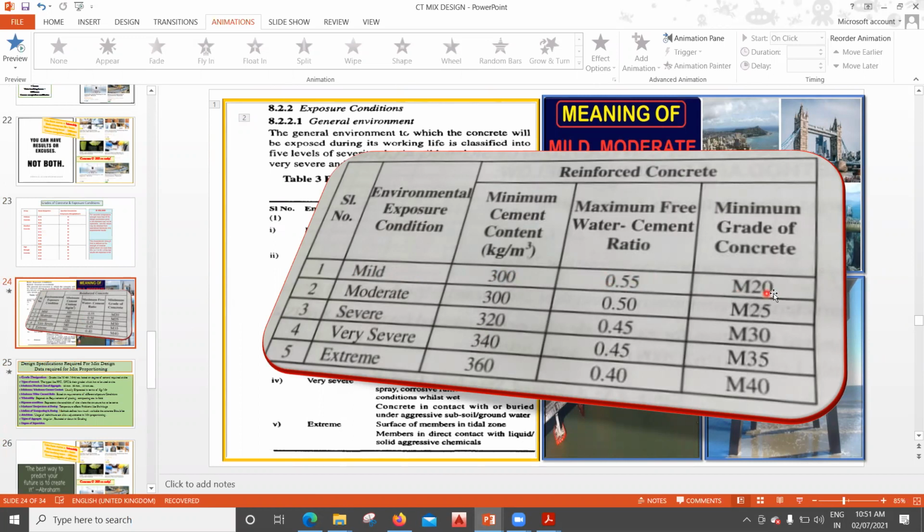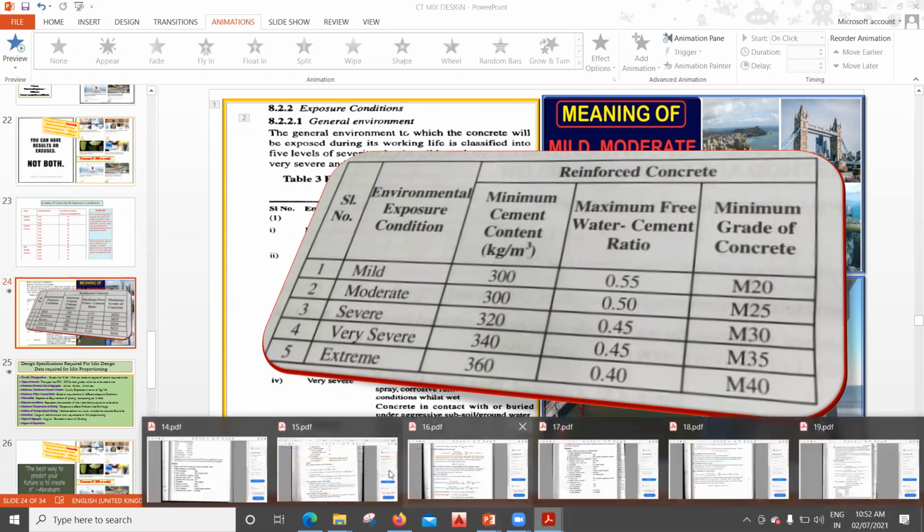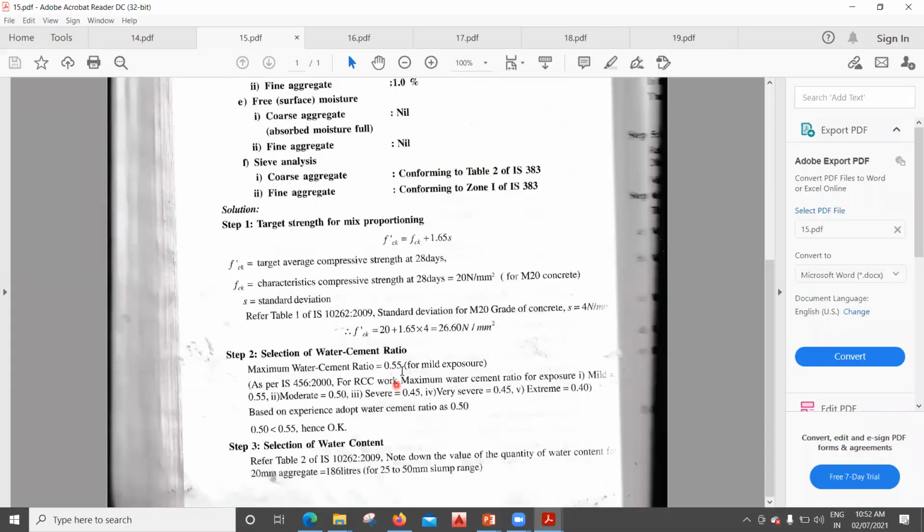Minimum grade we have to use is M20 only, so 0.55 is given here. Based on experience we can take this as 0.5. You can take even 0.45 also, but here we are taking 0.5, and this 0.5 is less than 0.55, hence it is okay.